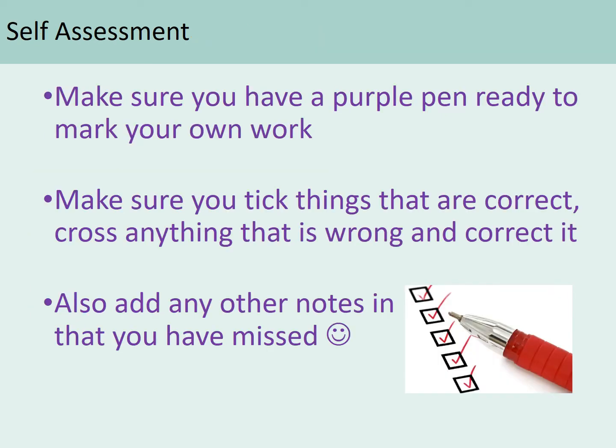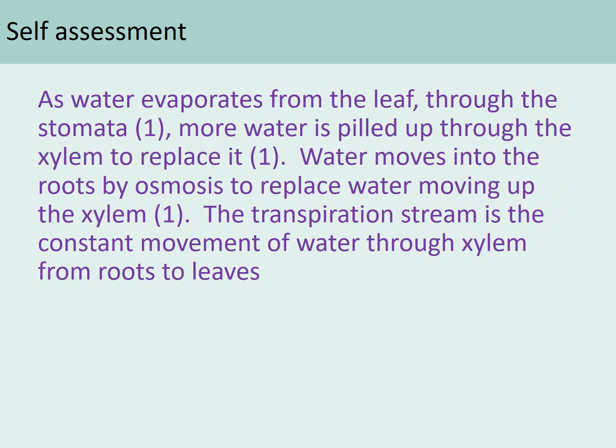Okay, so grab a purple pen or a different colour pen and let's see whether you got 4 marks worth of information. So if you have spoken about water evaporating from the leaf through the stomata, that is going to be worth a mark.